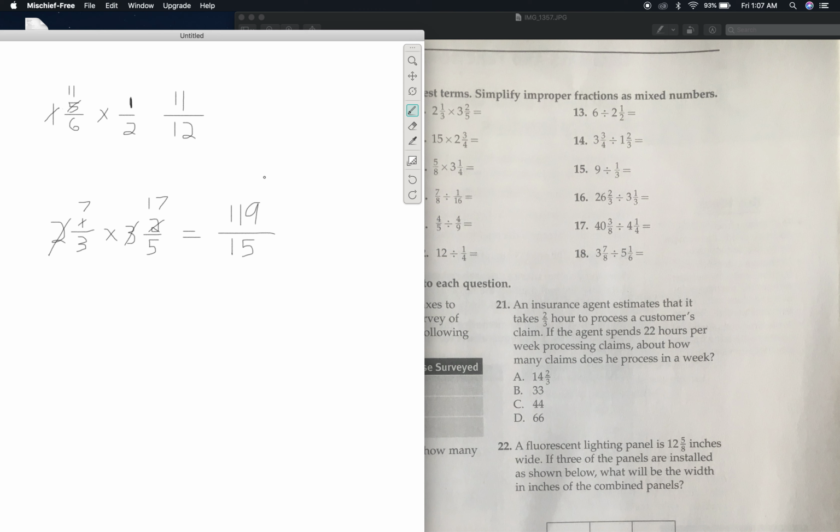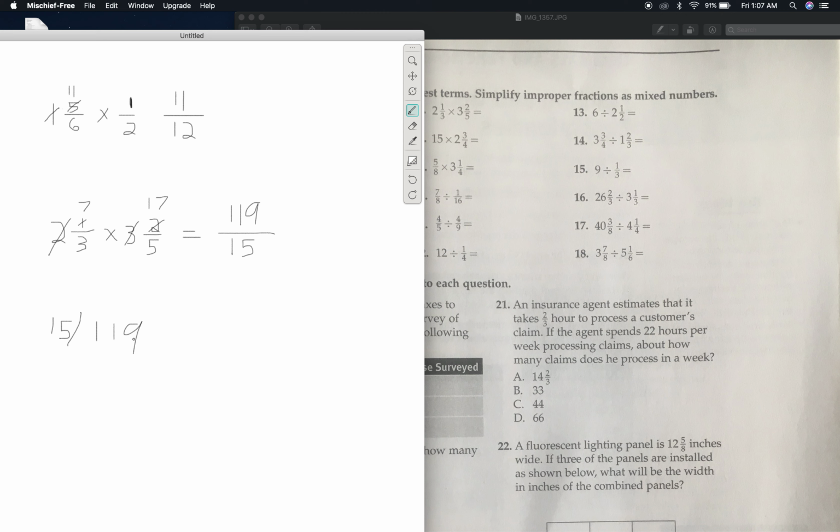Now you could set this up as a division problem like this, 15 into 119. But really, you just have to see how many times 15 goes into 119, or at least get close.